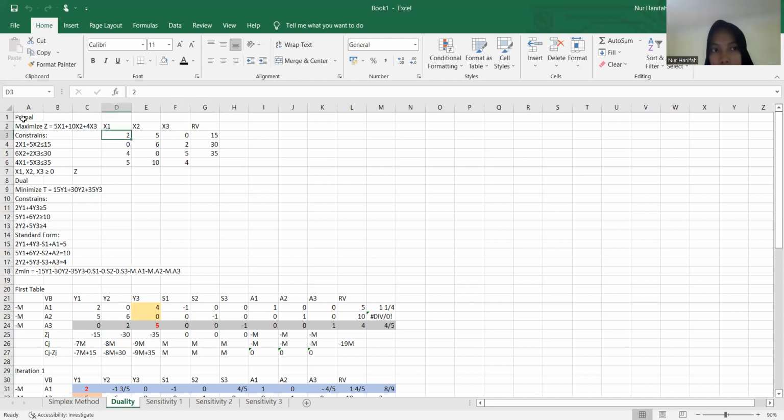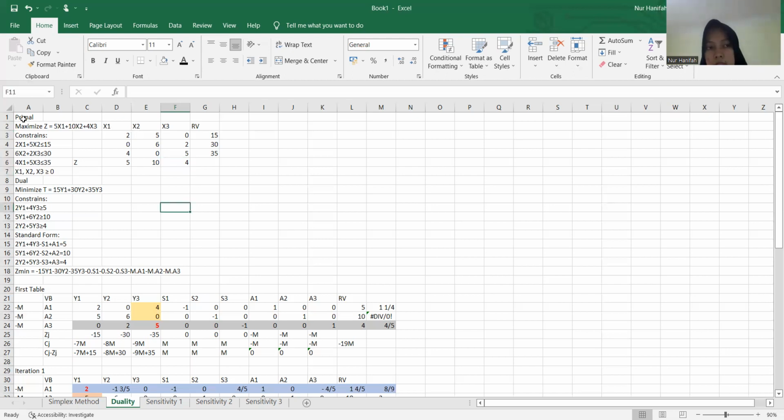We put in the coefficients of the constraints here, 2, 5, and 0, and so on, and also the right value. And also we put the value of z. This is a typo. The value of z is here. Z, or the objective function, is equal to 5, 10, and 4.